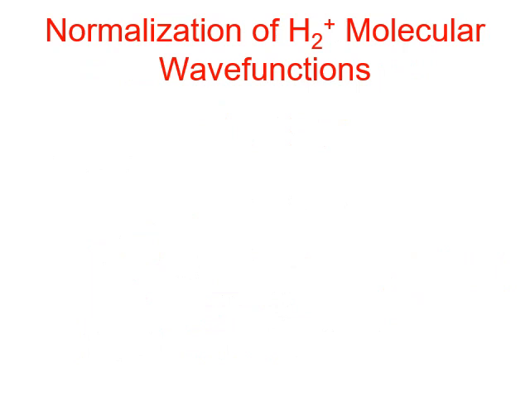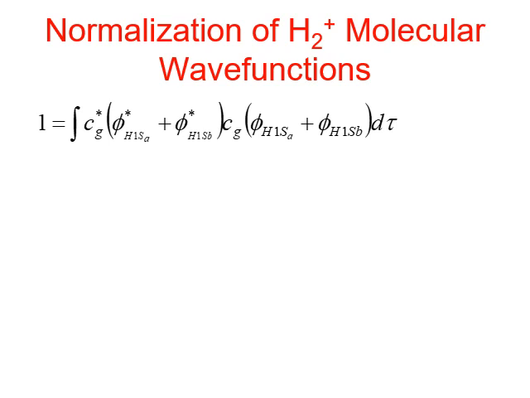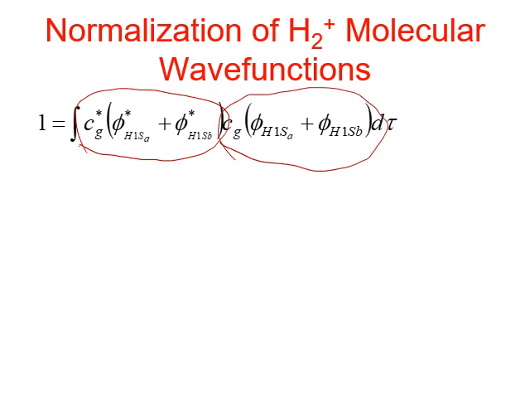We just showed that the molecular orbital is a linear combination of atomic orbitals. To solve for the coefficient, we use the normalization condition, and that is the integration of the wave function of the molecular orbital, which is a combination of two atomic orbitals, its conjugate, times the molecular orbital itself, should equal 1.